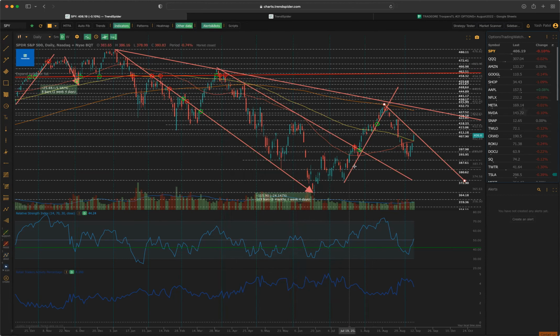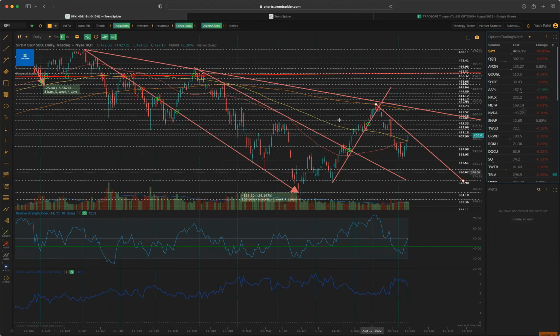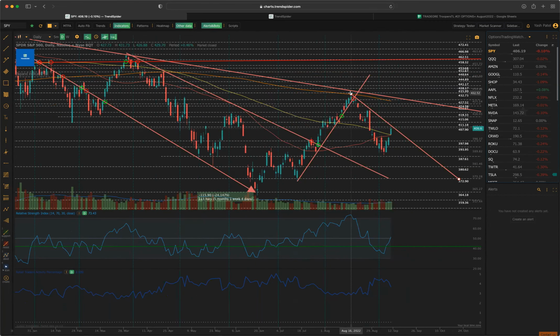Then we saw consolidation and tried to bounce again. Finally, in July, we saw the trend break, and then we saw this nice uptrend here. Now begins wave three of the downtrend.